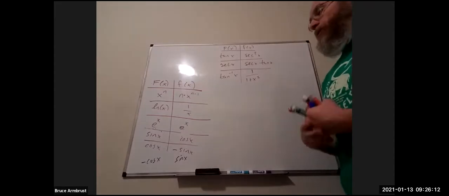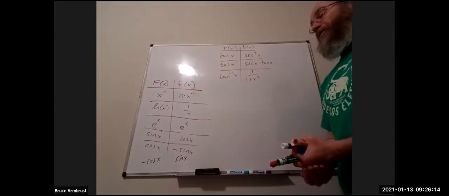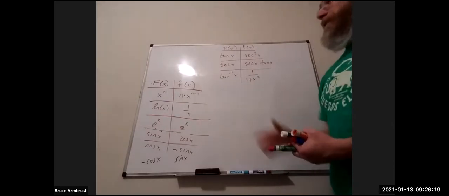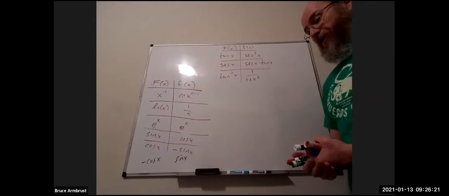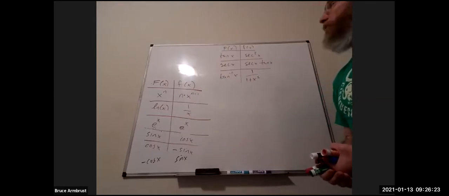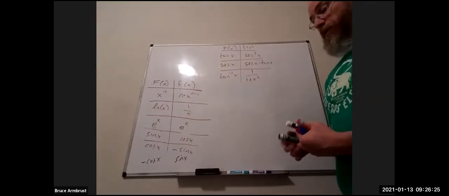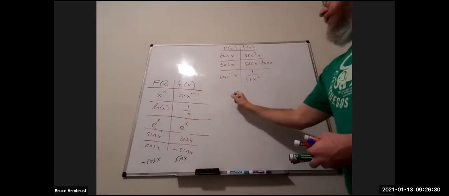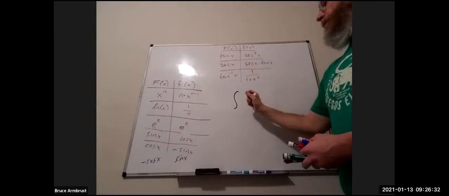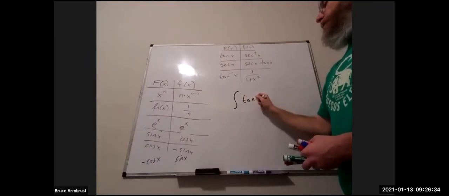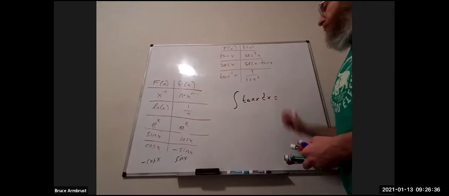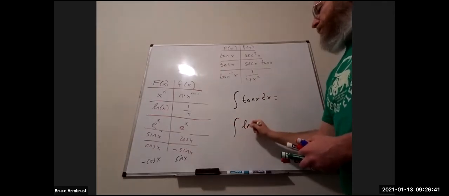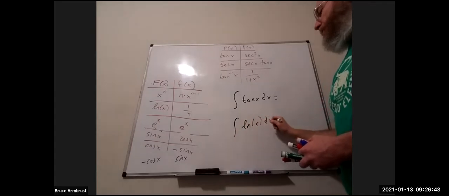All right, so we've got lots of functions that we can integrate. Right? We've got lots of things that we can do. However, there are others that we have to figure out. For example, what if I ask you to find the integral of, say, tangent of x? Or what's the integral of natural log of x?